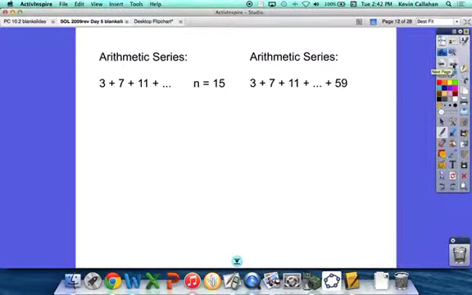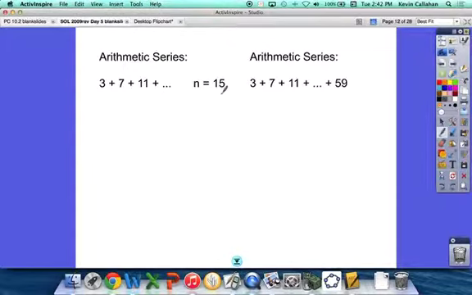Okay, so series. Series is when you add up the sequence, and it could be arithmetic or geometric, right? This is the arithmetic. If you look at the dot, dot, dot there, that looks like it could be an infinite arithmetic series. When you get an n equals 15, that's actually called the nth partial sum.